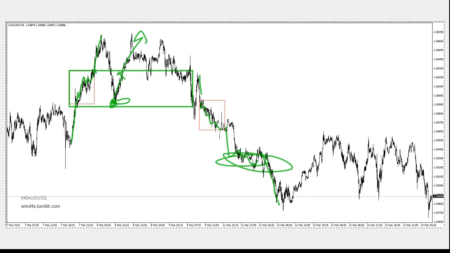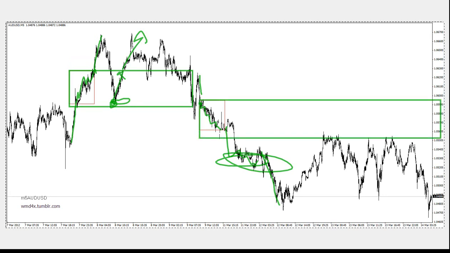So this is a very interesting cluster for me. And if we mark that off, if I just box this off, you can see where the resistance came in. So the price pulled back to the diagonal, and it gave significant resistance off of that level, and we had continuation to the downside off of it.